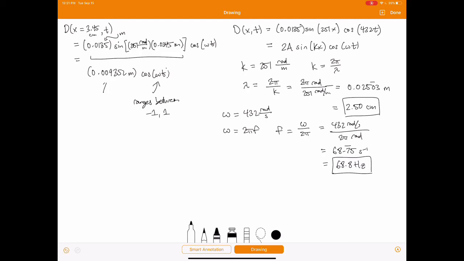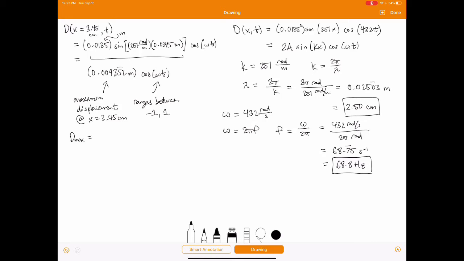So this represents the maximum displacement. The factor out front is the maximum displacement at x equals 3.45 centimeters. So D max that we're looking for is 0.009352 meters, but we'll keep 3 sig figs on that.